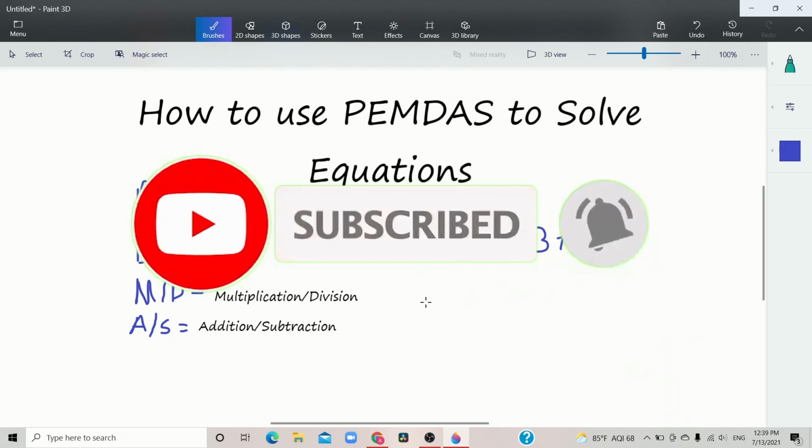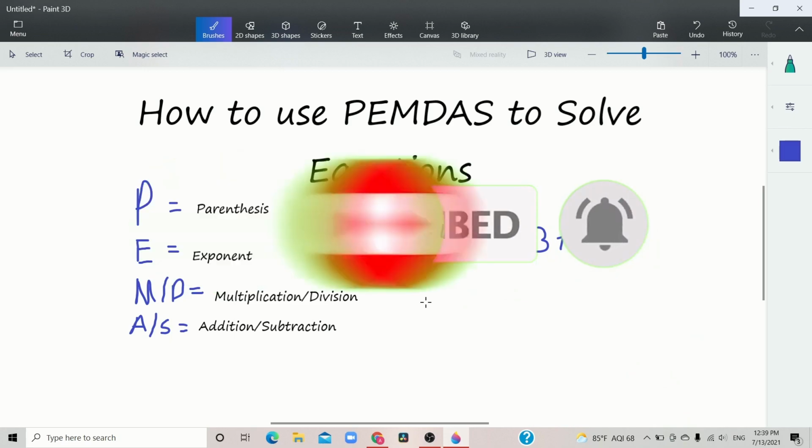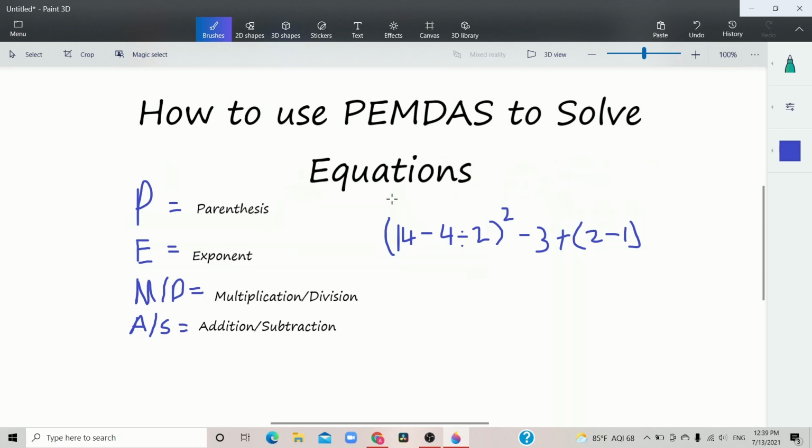In this video, we are going to be discussing how to use PEMDAS to solve equations. So, I think this is by far the best way to solve the equation because this is the way that you're supposed to solve it, and it also helps you do it pretty fast because it gets unnecessarily complicated when you don't do things in the right order, and doing it in this order helps you improve your speed, and it will also help you look ahead.